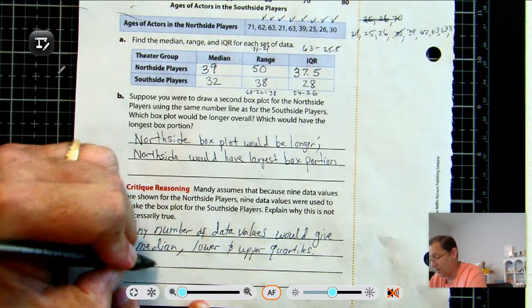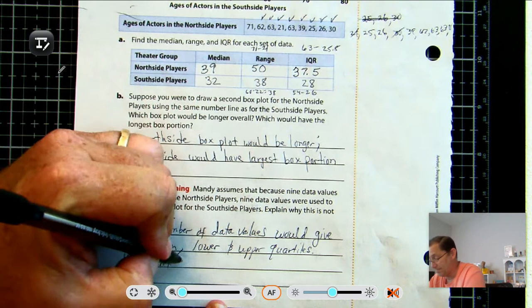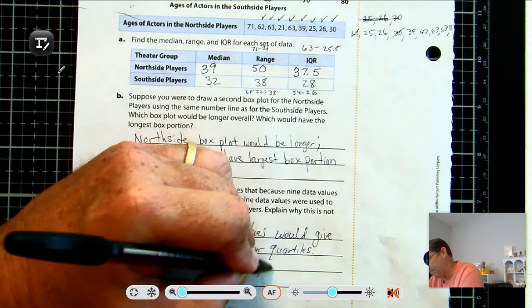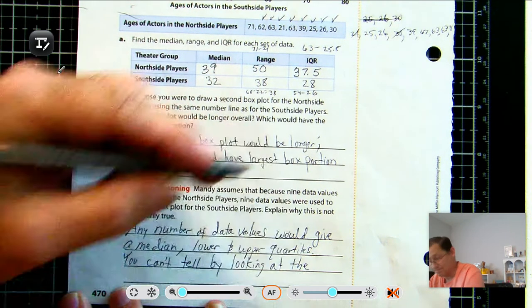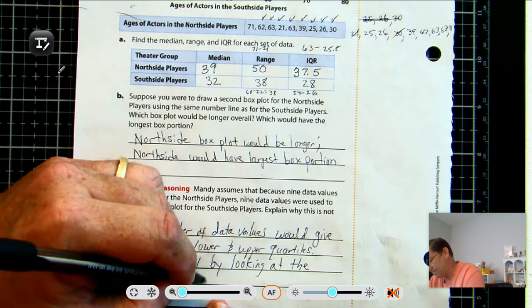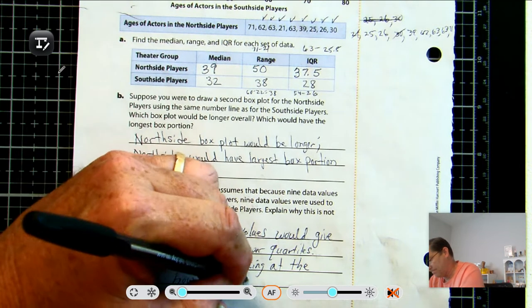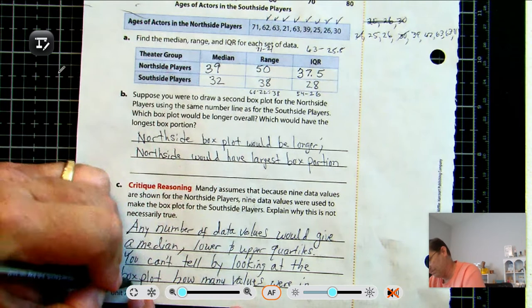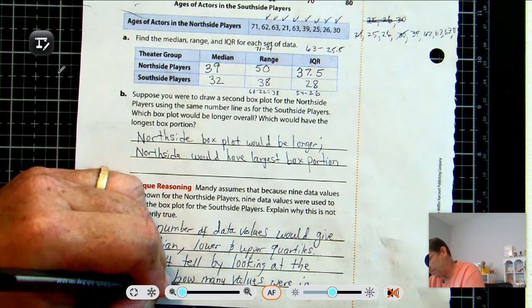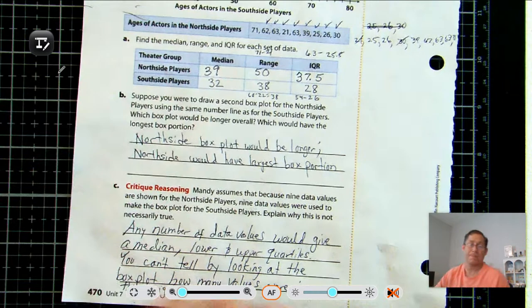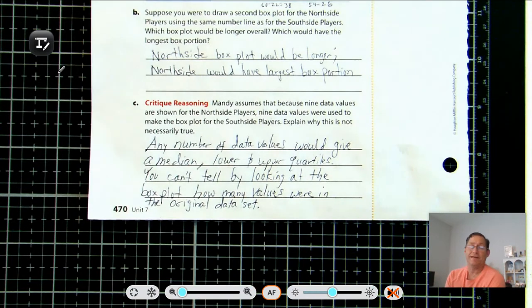So therefore, you can't tell by just looking at the box plot. So again, any number of data values would give a median, a lower and upper quartile.